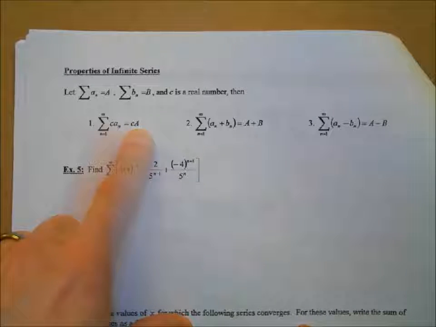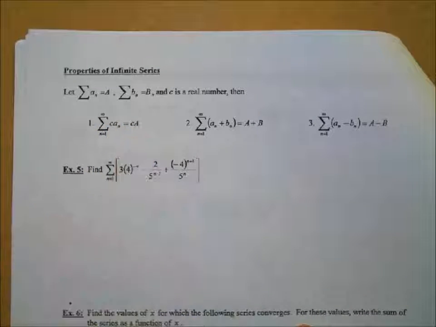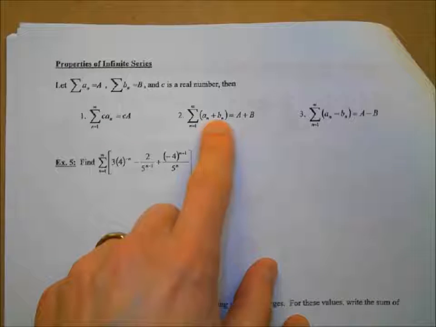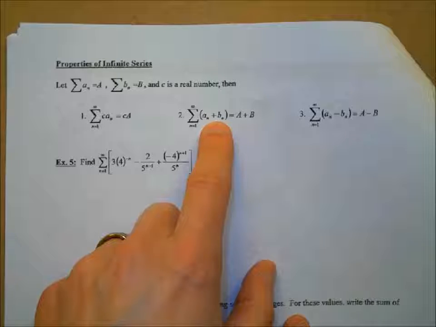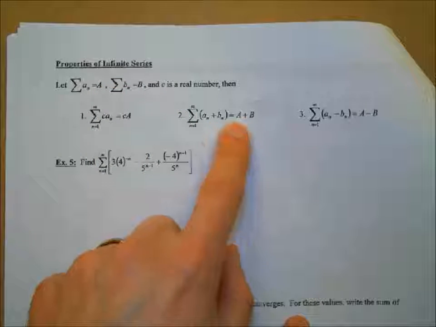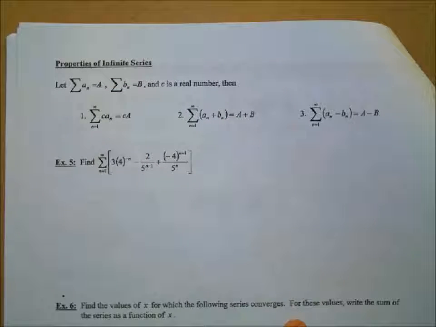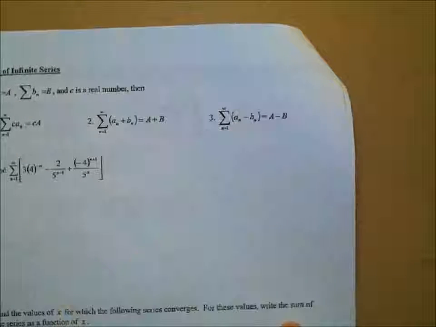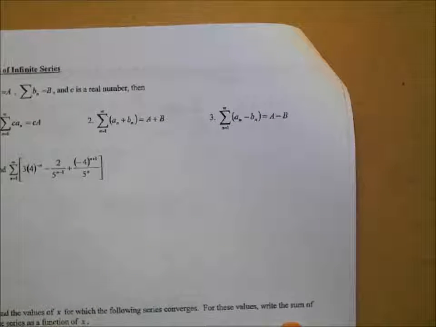If you have that lead coefficient, you can just multiply the final sum by it. Likewise, if you add two convergent series together, you can just add up their final answers, A plus B, and likewise with the difference: if you subtract them, you can subtract their final answers as well.